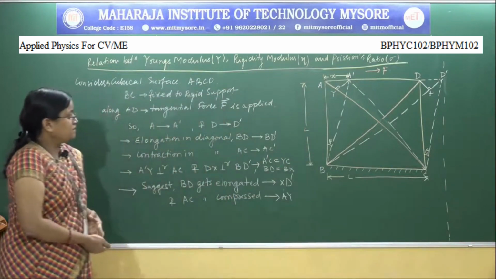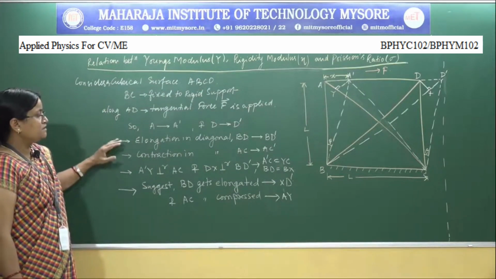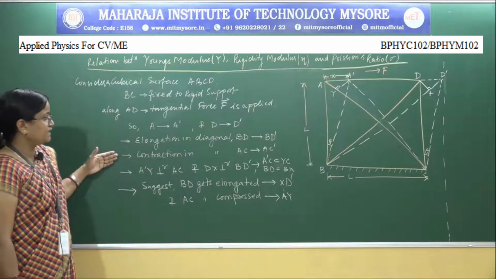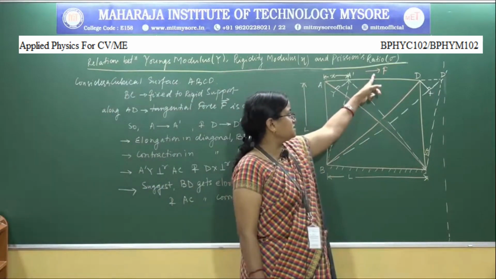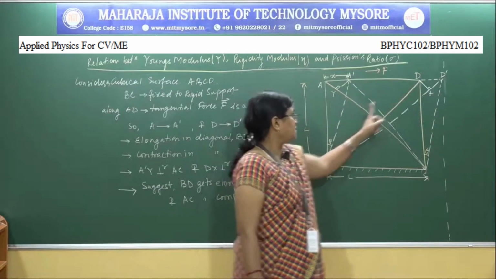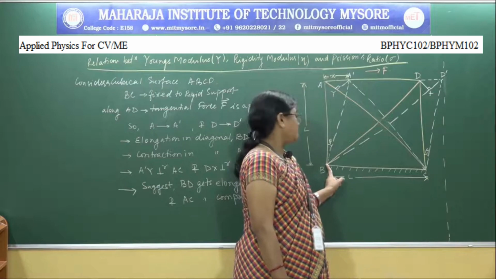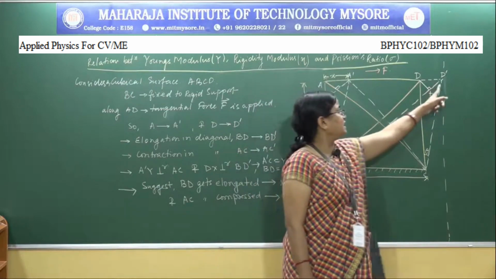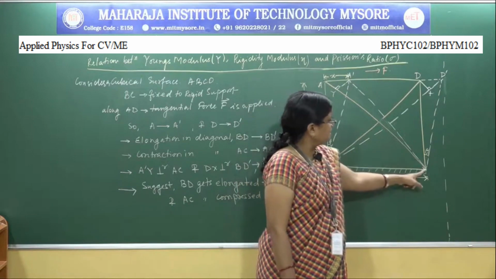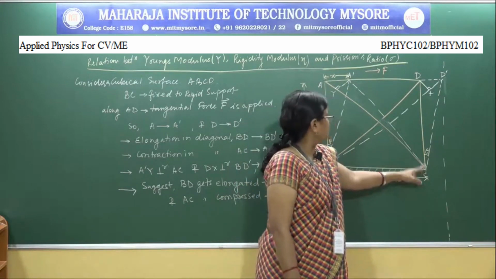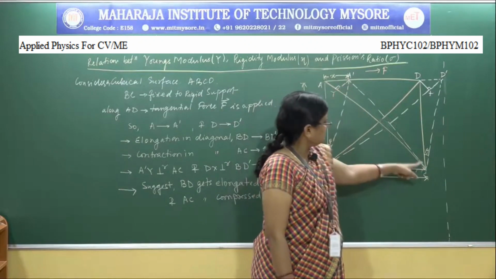So now what we observe, as previously explained, is that there will be elongation due to the tangential force in the diagonal BD, which after the elongation is BD dash, and there is compression in the diagonal AC, and the new position it takes is AC dash.